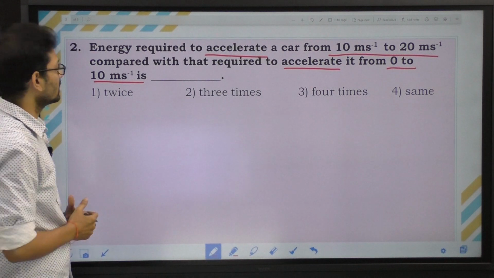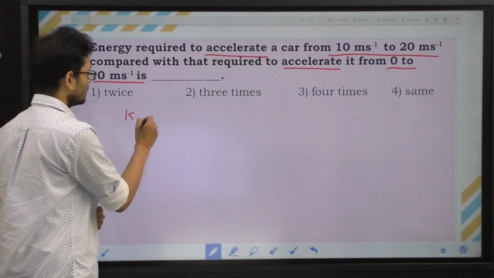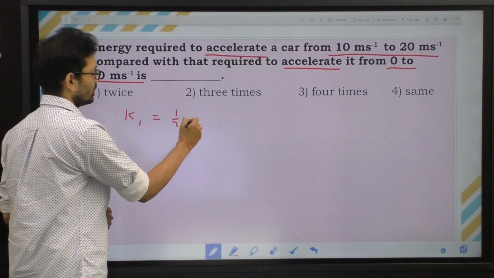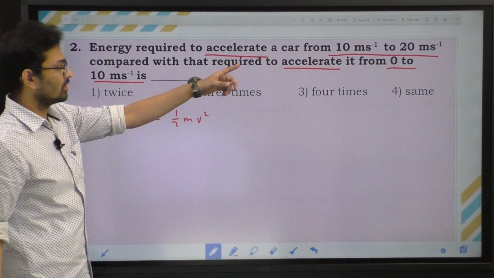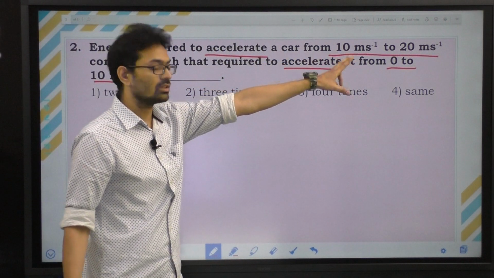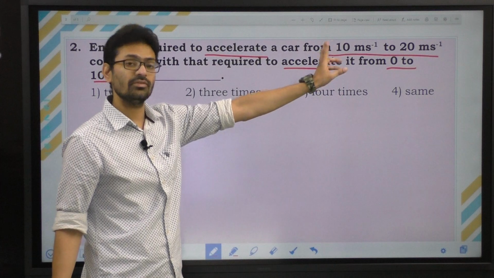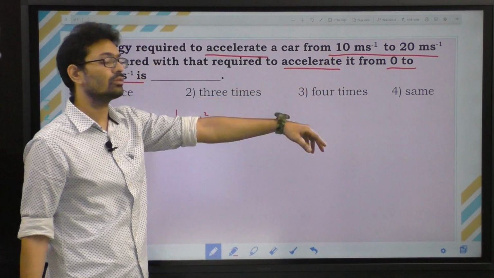In this kind of case, again you will take kinetic energy 1 is equal to half m v square. Here, if you observe, in the first case the change in velocity is from 10 to 20.